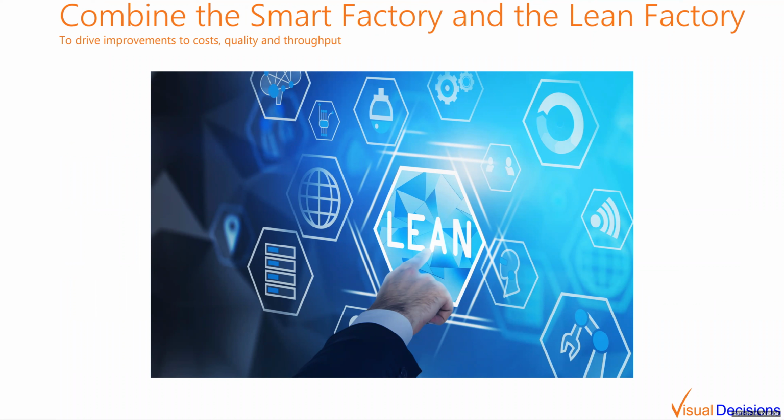So if you can combine these smart factory technologies with what you're already doing from a lean manufacturing perspective, operational excellence, Six Sigma, whatever you call your improvement process, then you can really see the benefits from implementing these technologies, because they enable things within those processes that you previously didn't have the capability for.